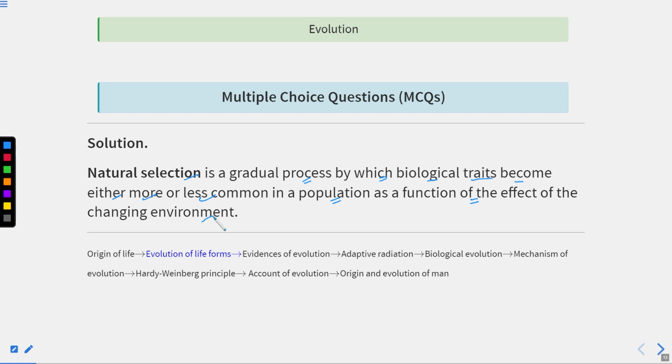Simply, in natural selection, when a group of organisms is able to adapt to a particular environment, those organisms will be favored because they are able to adapt to the changing environment. If they can adapt, they will survive, their number will increase, and they will form a different species. So this is natural selection.